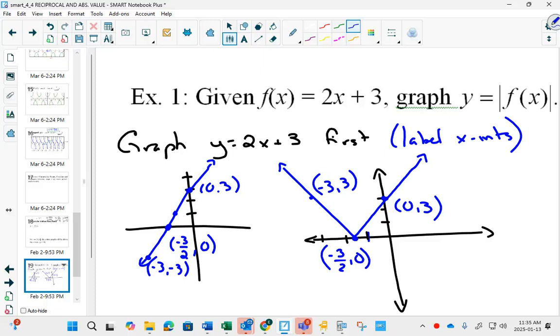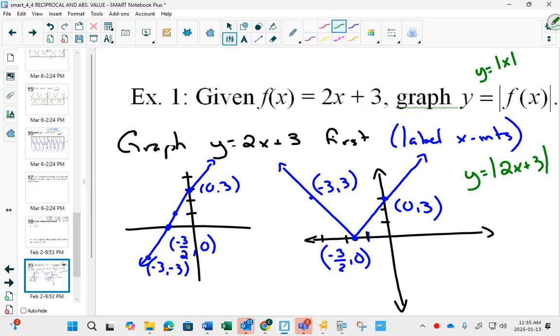Now, this question we could also have done using transformations, because in transformations, this was one of your parent graphs. The V graph was absolute value, right? And you would recognize, hey, this is an absolute value graph with a horizontal compression and a horizontal translation. But if I use transformations, this would actually be a little bit more complicated.